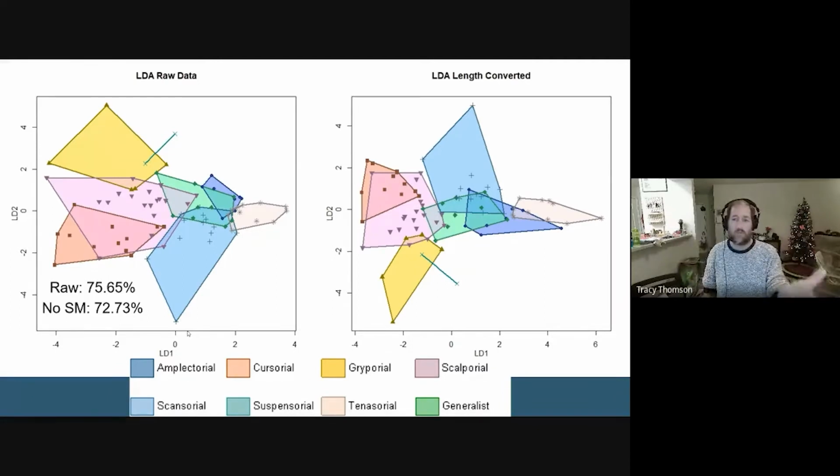If you remove the second moment of area, if you remove the cross-sectional shape, it drops to 72%. So not a huge drop there by removing the cross-section. With the length data, it's significantly better. It's 84%, almost 85%. And again, removing the second moment makes a significant drop down to 76 or 77% correctly classified. So this is pretty good news.